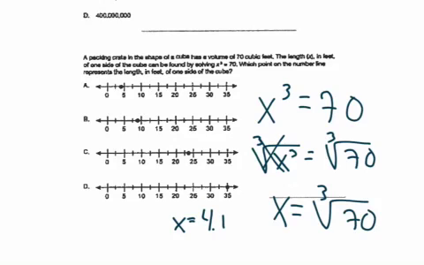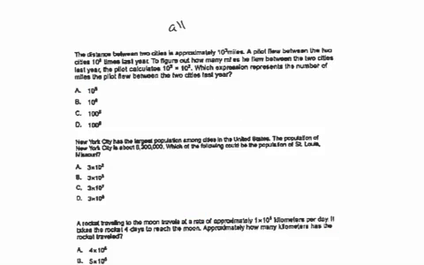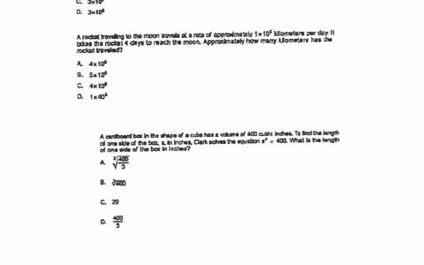The only one up here that has X less than 5, if you look here, would be A. So I want you, remember, to make sure to do this entire page.